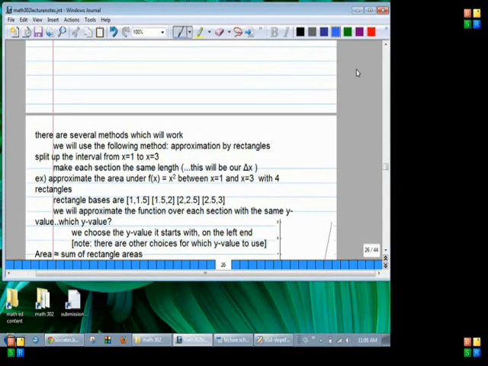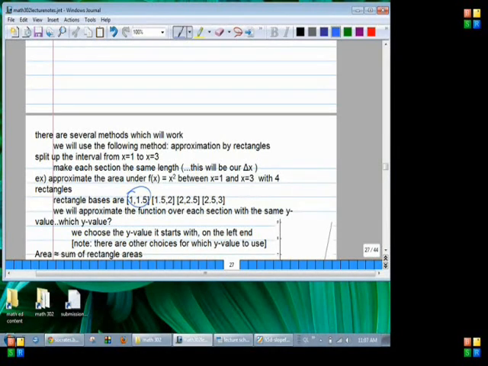So what is the height of the first rectangle? Why is it 1? Right, because the first rectangle goes from 1 to 1.5. We said we're using the leftmost x value, so that's 1. So that function value is just 1 squared, so it's 1.